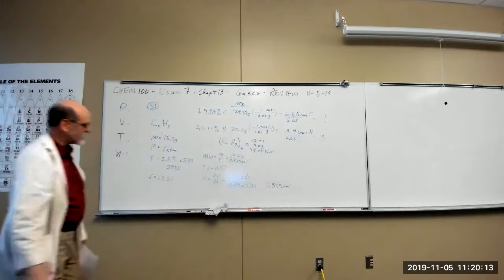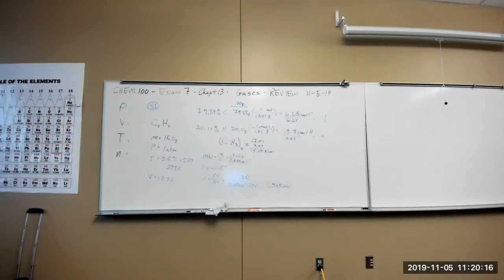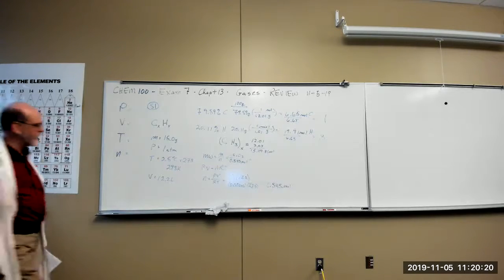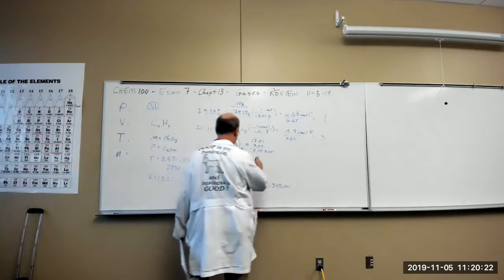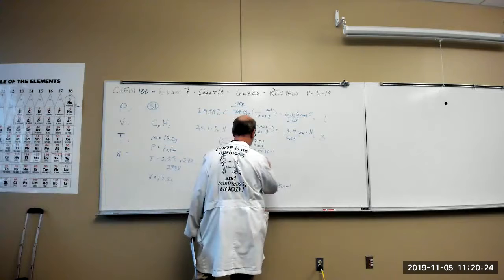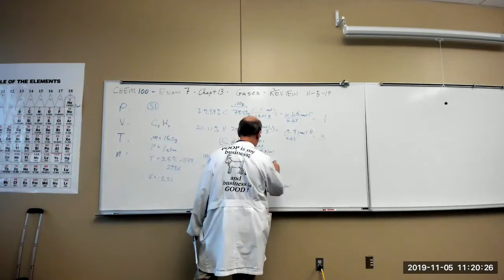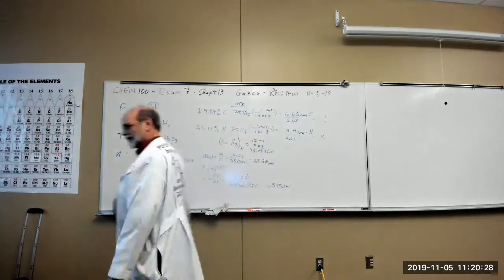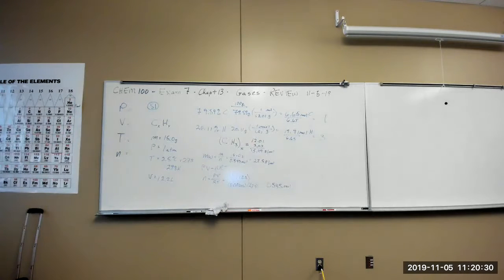Divide that value into 15. And we get 27.5. Is that right? Let me see if I did something wrong. I did something wrong. I know what it is.